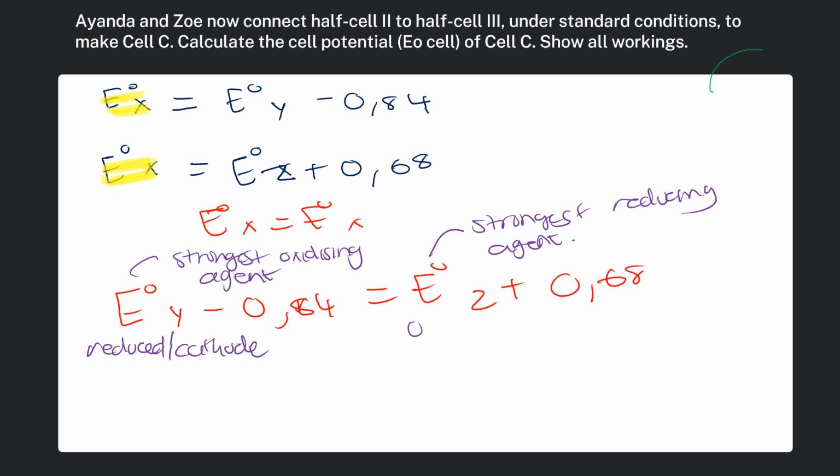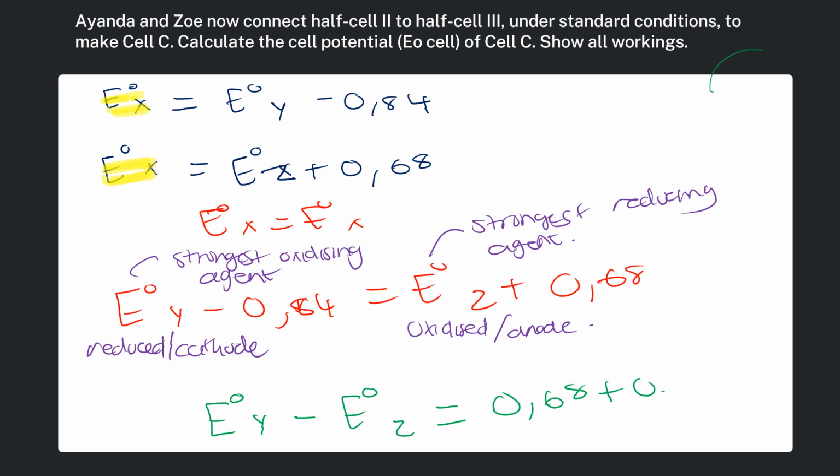And this will be oxidized, so we're going to see this at the anode. Right. And so we say it is cathode minus anode. That means we should end up with our cathode minus our anode equal to, we do the math here, 0.68 plus 0.84. You do the math, your cell potential for E should then be 1.52 volts.